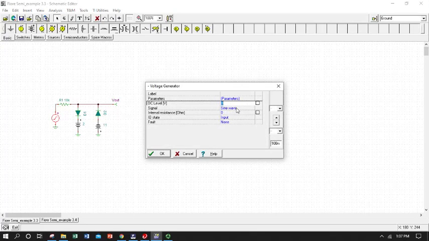When you've used your time varying voltage generator in TINA, you can pick whichever waveform you want by going into your signal, but you've also got this ability here, DC level. So you can just add that to your signal however you want. And so that will just basically index your waveform up and down the y-axis by whatever you put in.